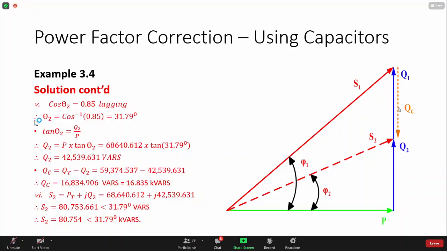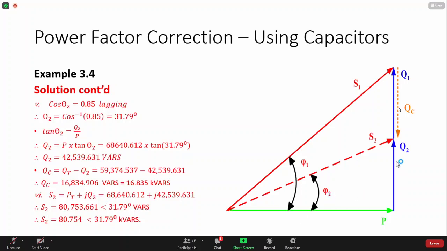So the cos theta 2 would be 0.85 lagging. That's the power factor of the new system after capacitors are added. So theta 2 now works out to be 31.79. So remember, theta 1 was 40.86. Theta 2 now is 31.79.